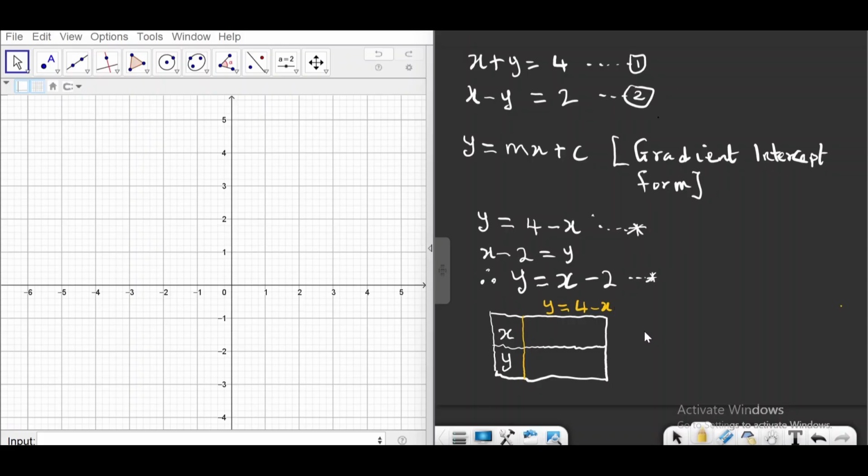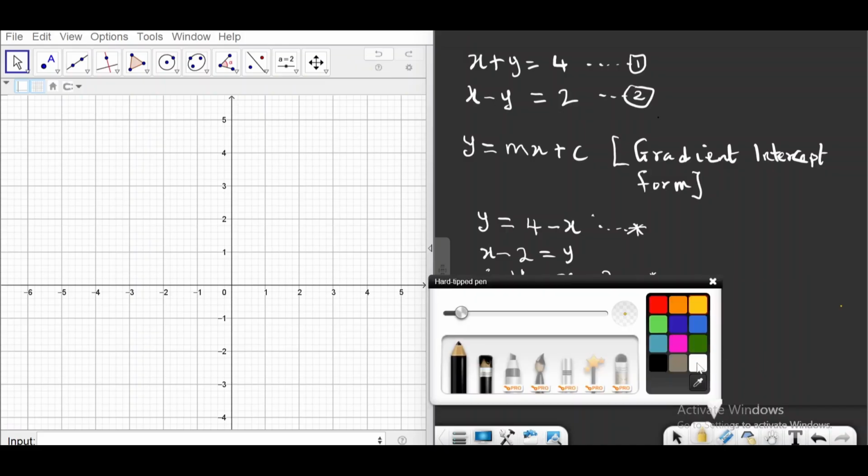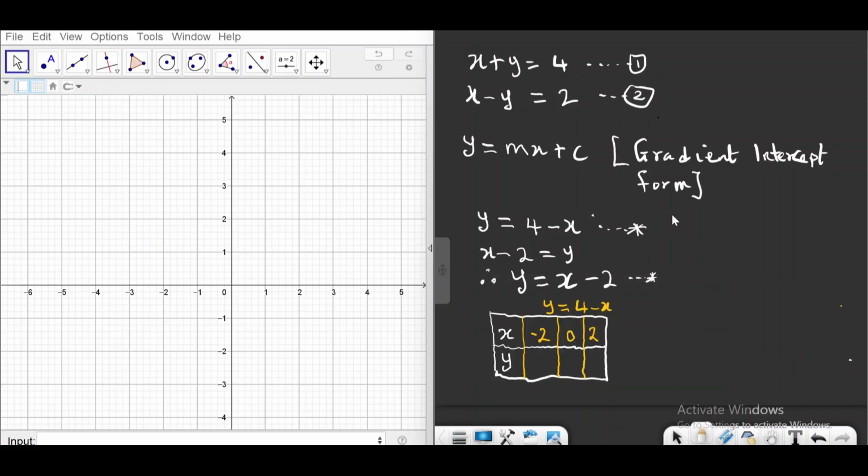Let's say 3 values will be enough, so I can pick between -2, 0, and 2. Three values will be enough to determine a straight line. So when x is -2, I go to this very equation here to determine the value of y. y is going to be 4 minus -2, so that's 4 plus 2, and that's 6.